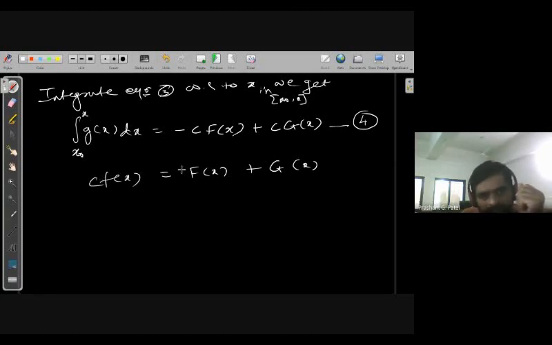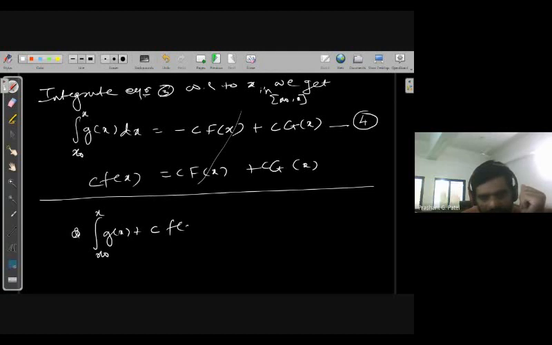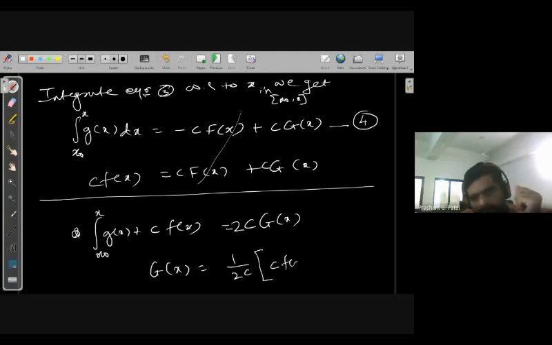If I multiply this equation by c, then this will get cancelled out. And if I add them, on this side we have the integral from x0 to x of g(x) dx plus c times f(x) equal to 2c times G(x). That means the value of G we get from this is 1 by 2c, c times f(x) plus the integral from x0 to x of g(x) dx.